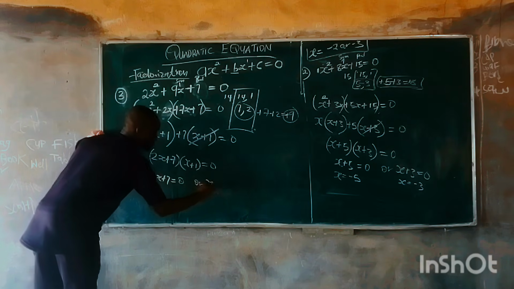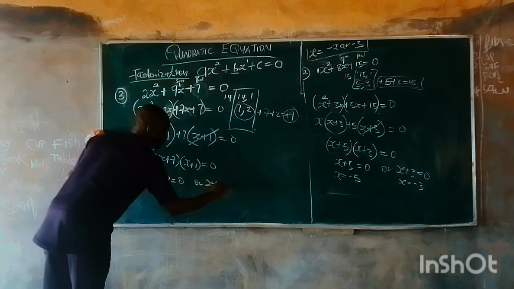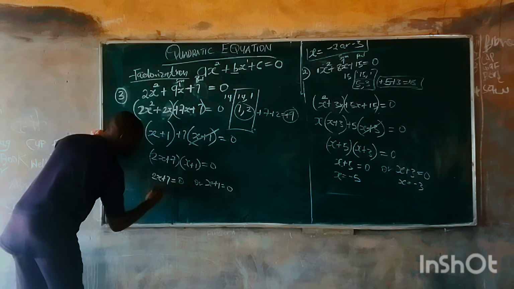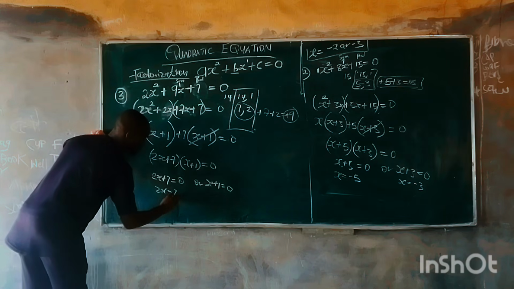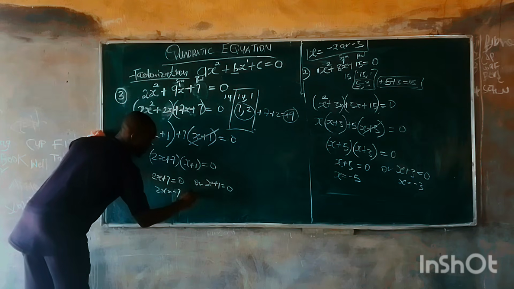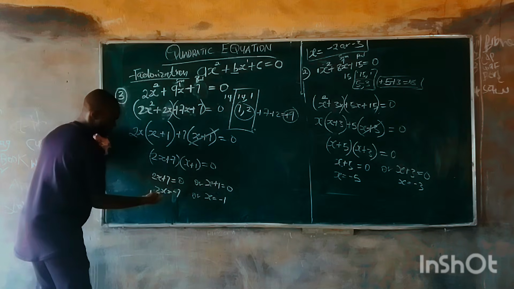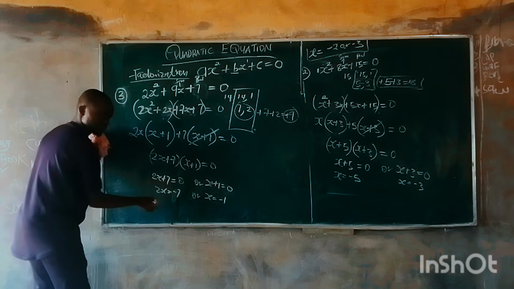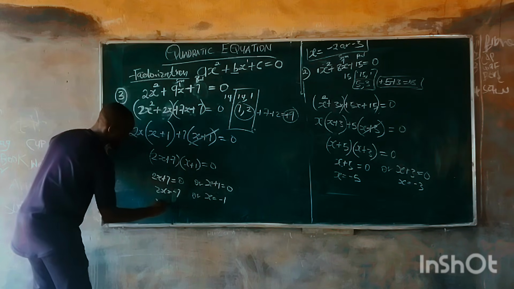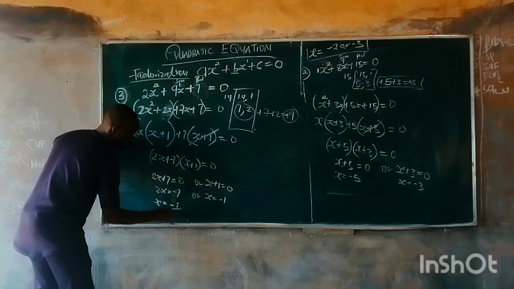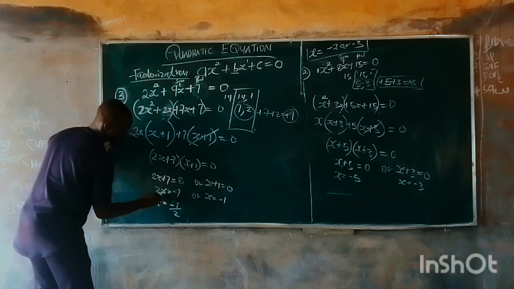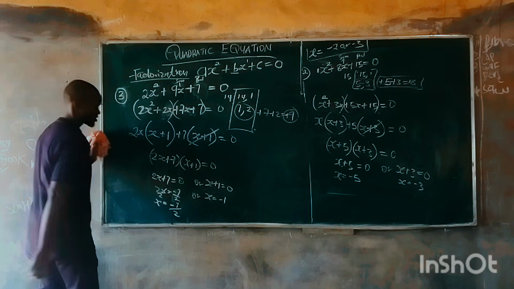In summary, 2x plus 7 is equal to 0, or x plus 1 is equal to 0. Then we have 2x is equal to minus 7, or x is equal to minus 1. We are done with this side. How do we finish the other side? What's the value of x? x now becomes minus 7 divided by 2, because we have to divide this side by the coefficient of x, which is 2.